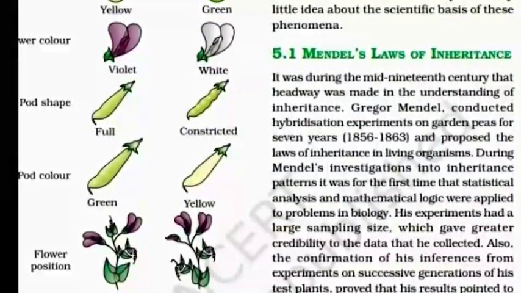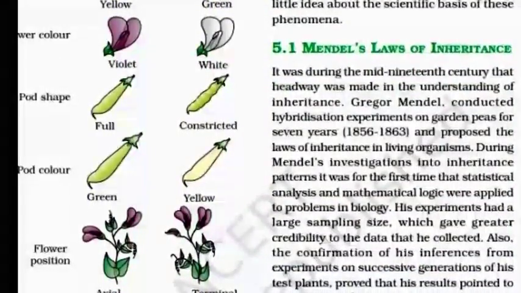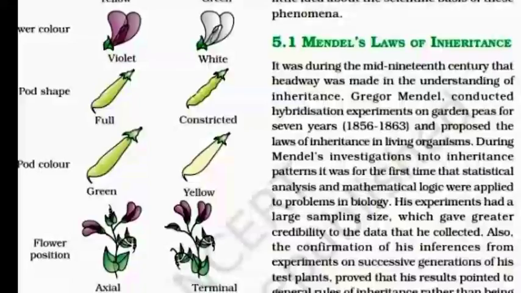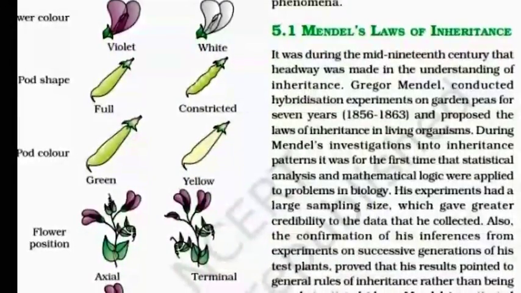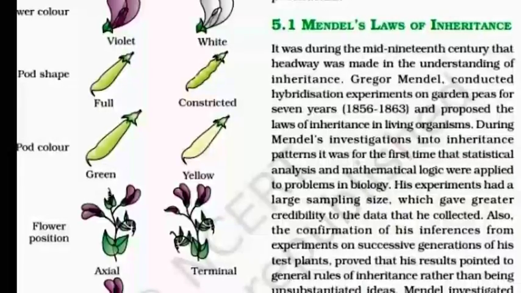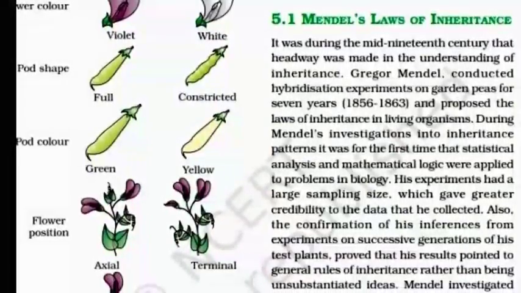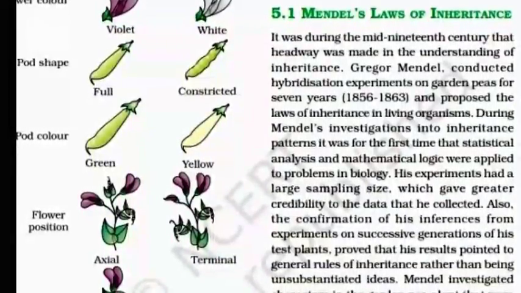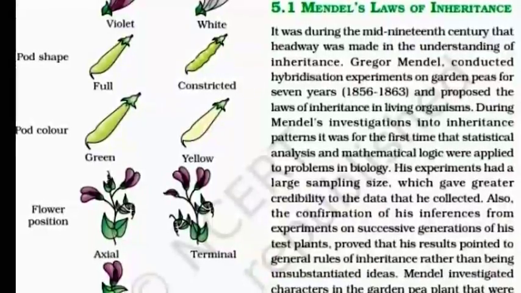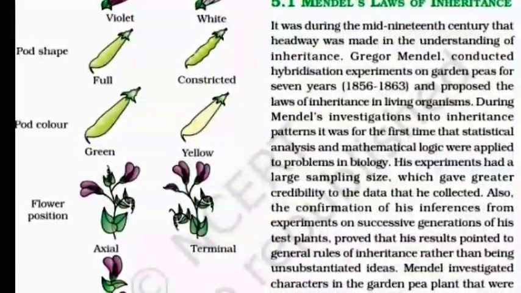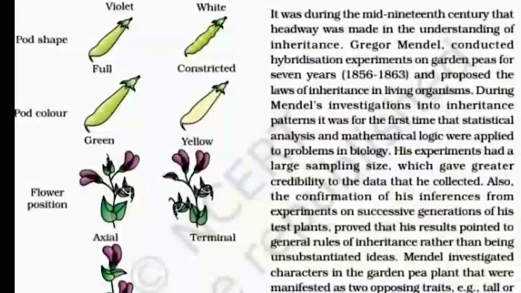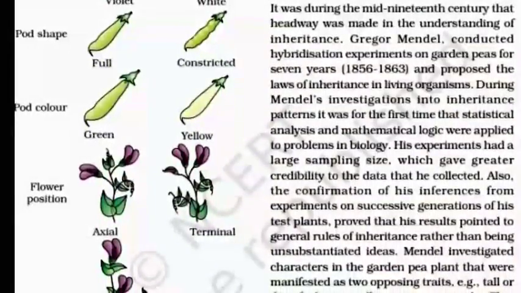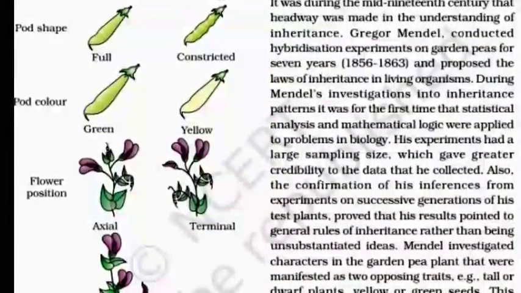Gregor Mendel conducted hybridization experiments on garden peas for 7 years, 1856 to 1863, and proposed the laws of inheritance in living organisms. During Mendel's investigation into inheritance patterns, it was for the first time that statistical analysis and mathematical logic were applied to problems in biology.